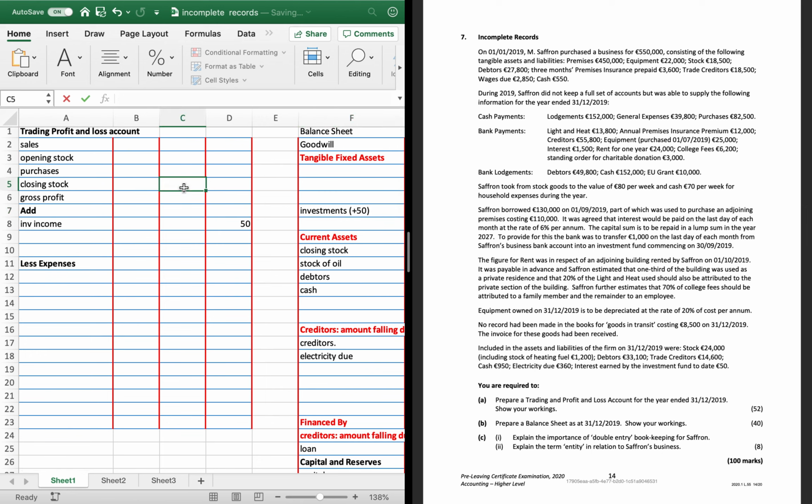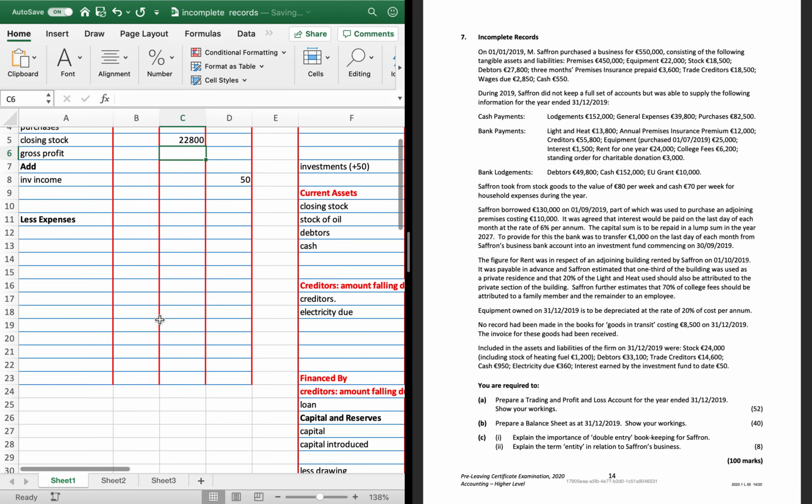And while I'm there, I'm going to put in my closing stock of 22.8. Okay, and that gives you quite a few easy enough marks. It also gives us some idea of where we're going with some of our workings later on.